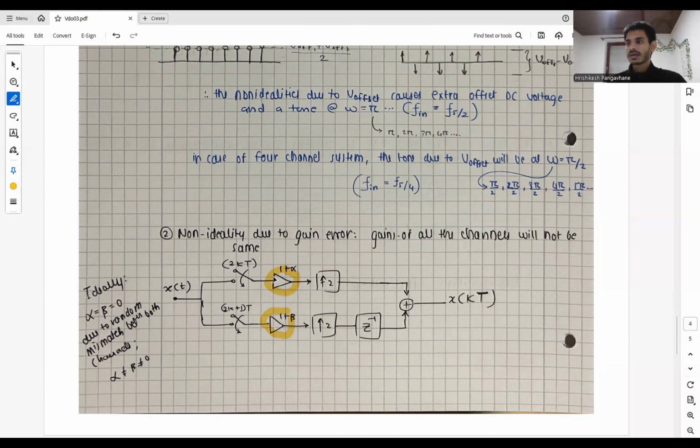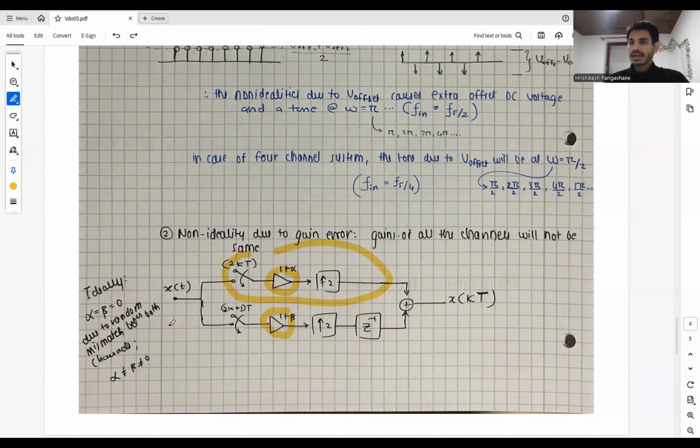Ideally, when we saw this system, we considered no gain, or 1 as the gain. Now, due to the gain factor, we have gain through channel 1 as 1 plus alpha, and through channel 2 we have 1 plus beta. Ideally they were the same, so alpha equals beta equals 0.